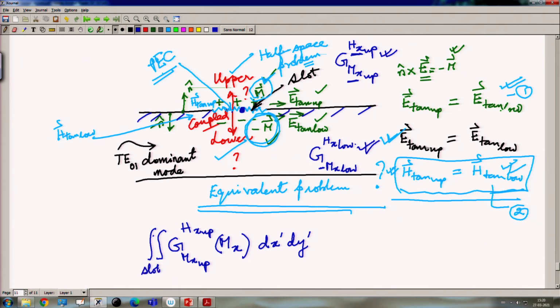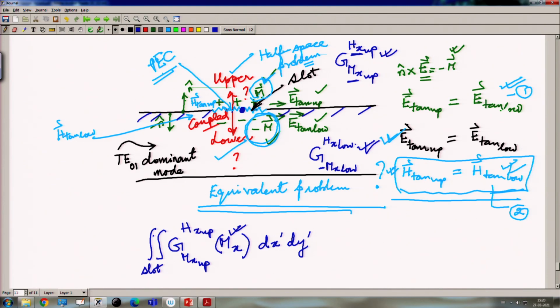So, this is the field, the tangential magnetic field, x directed, which is radiated by the x directed magnetic current residing on the upper part of the conducting surface, the magnetic current being Mx.